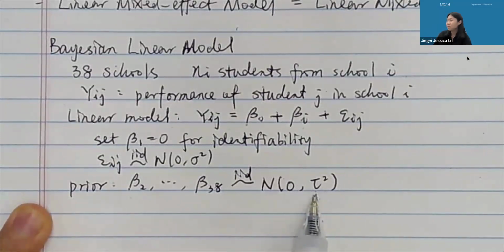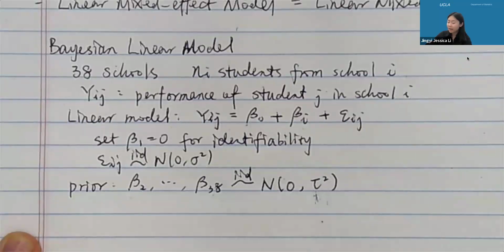We just think, okay, maybe it's reasonable to assume these differences from beta 0, the school effects, to be Gaussian, because Gaussian is just convenient to work with. Maybe it's reasonable to assume Gaussian, but how big tau square is, is unknown, right?